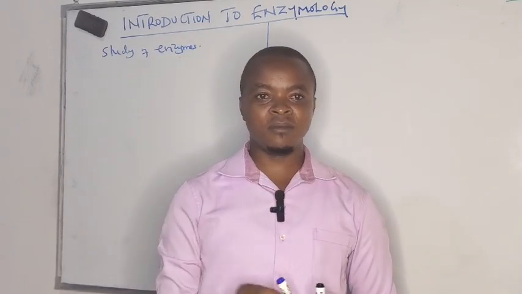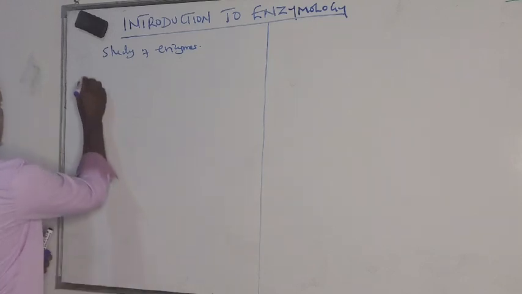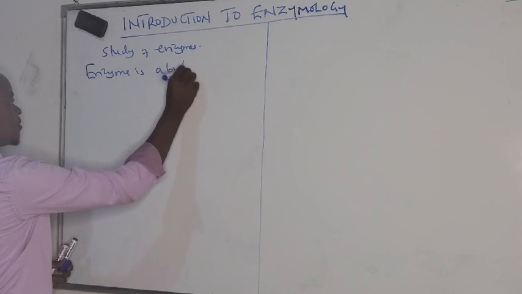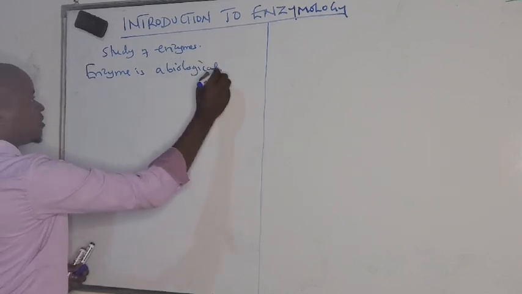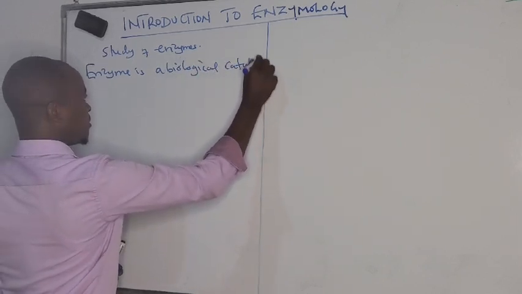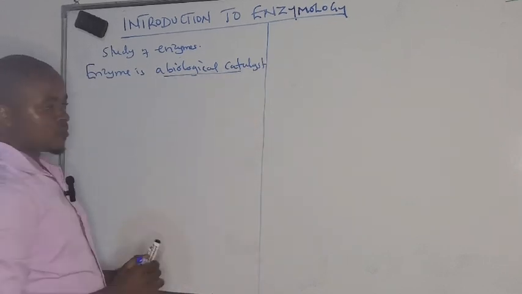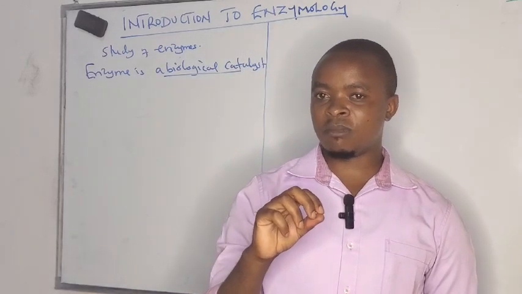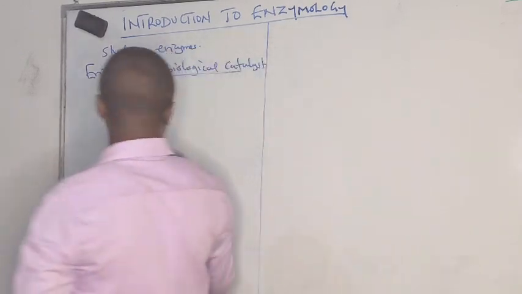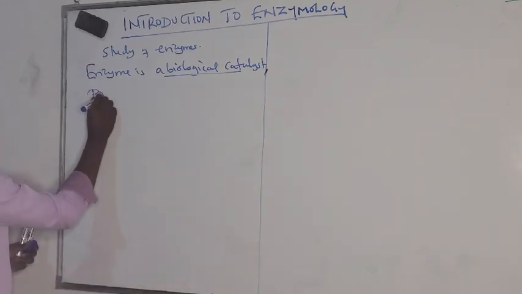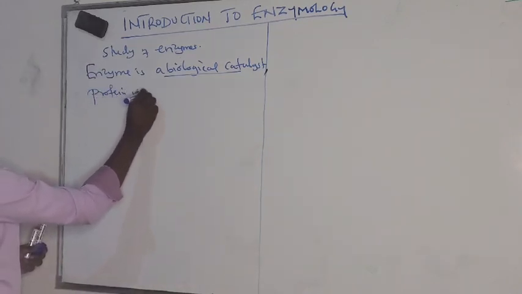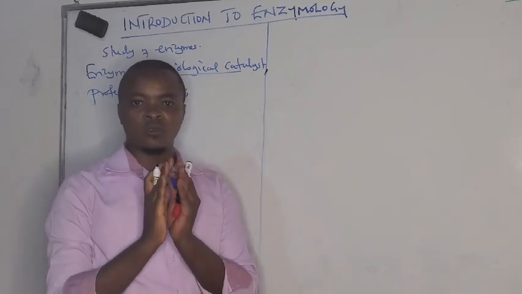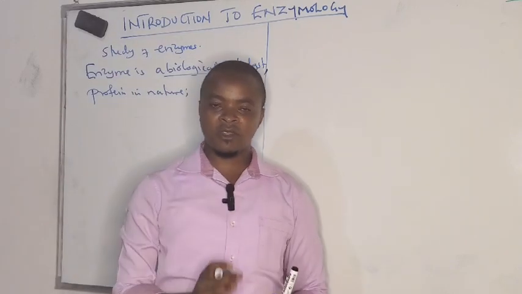We know that an enzyme is a biological catalyst, meaning it is produced by living cells. This biological catalyst is a protein in nature. And the role of a catalyst is always to speed up the rate of biochemical reactions.